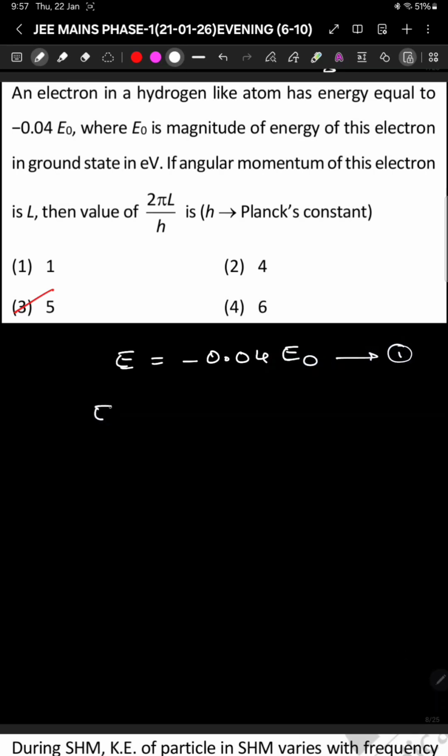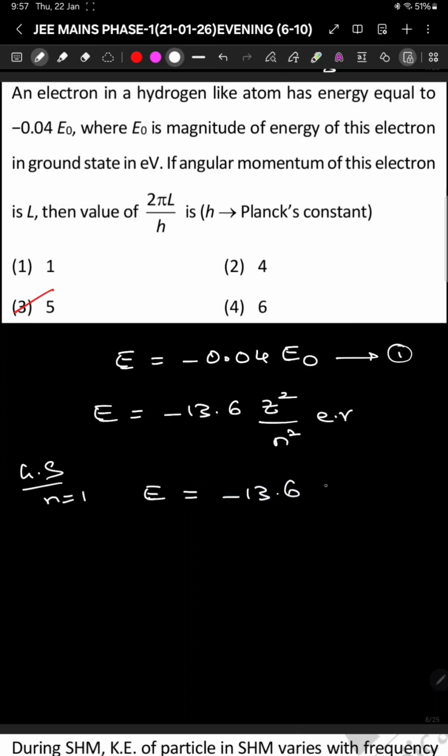We know the energy of an electron in an atom is minus 13.6 Z square by N square electron volts. For the ground state, I should keep N value 1. So the energy becomes E equals minus 13.6 Z square by 1 electron volts. Here it is given that for the ground state, this energy is equal to E naught.